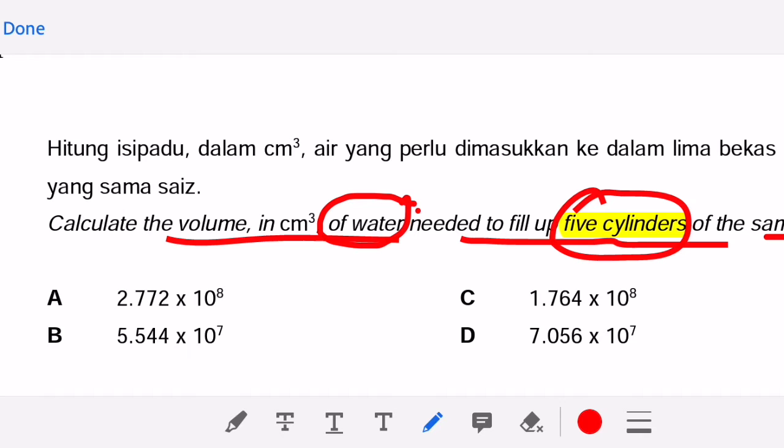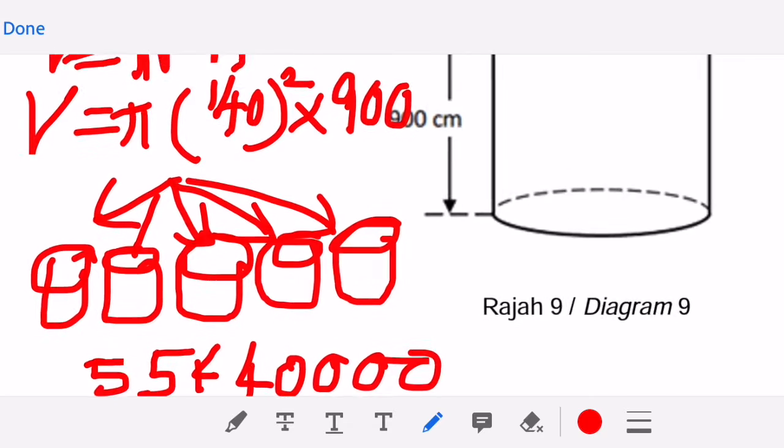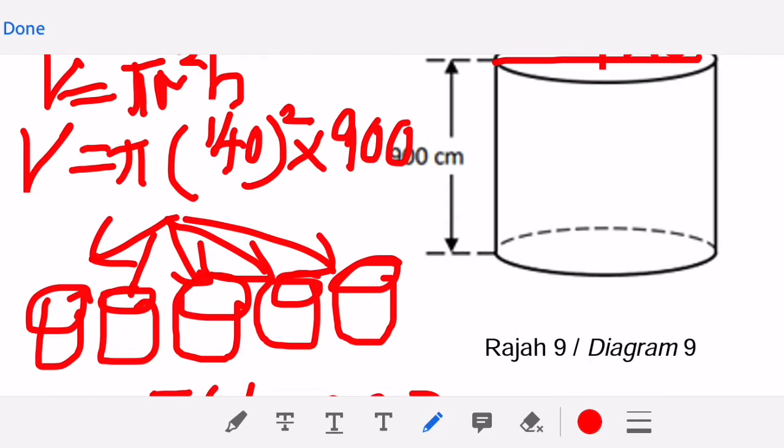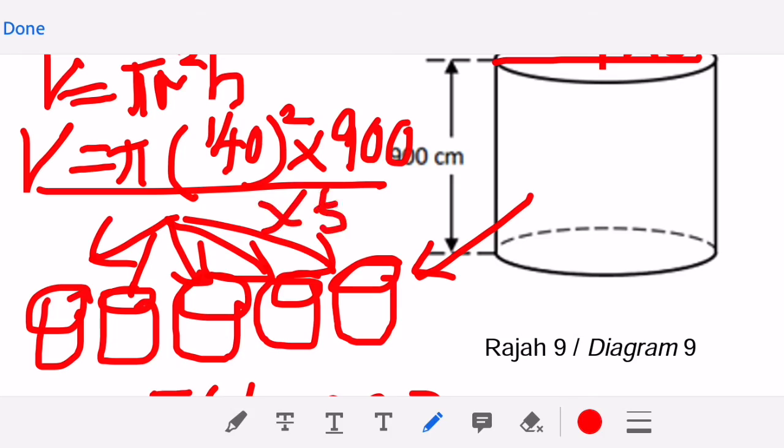Okay, the question never mentioned what is the volume for one cylinder, right? That means we are going to have 5 of the same size. So that means all this volume will be the same with this. So that means we will take this answer multiplied by 5.